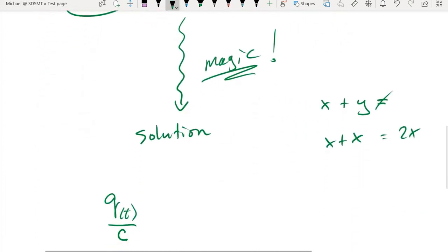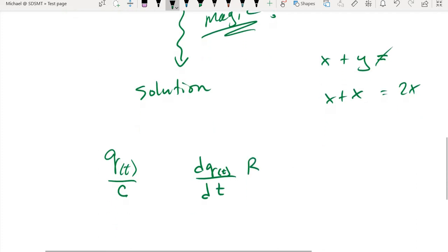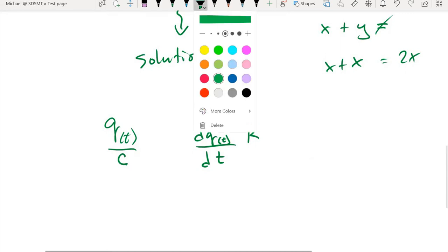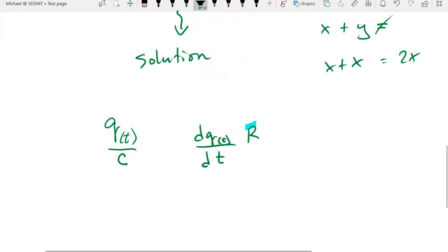And that means that the original function of q and its derivative, dq/dt, are like terms. And the only thing that they differ by in terms of their values are the coefficients of capacitance and resistance.